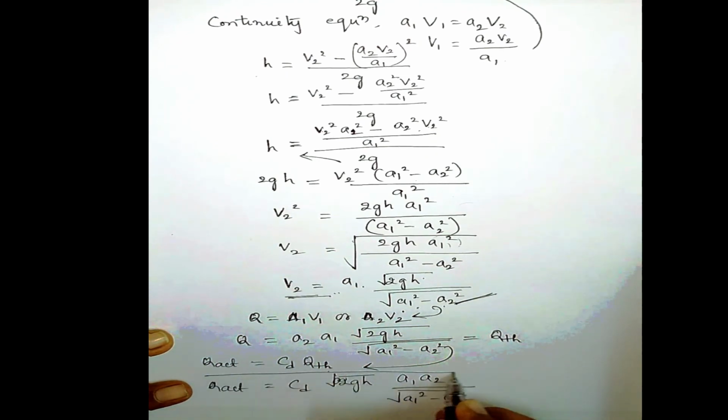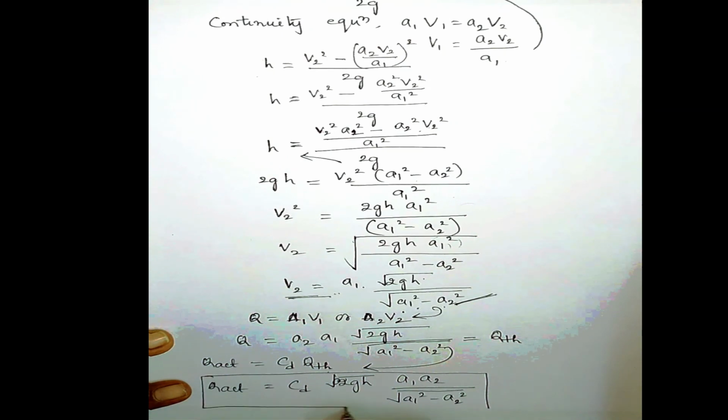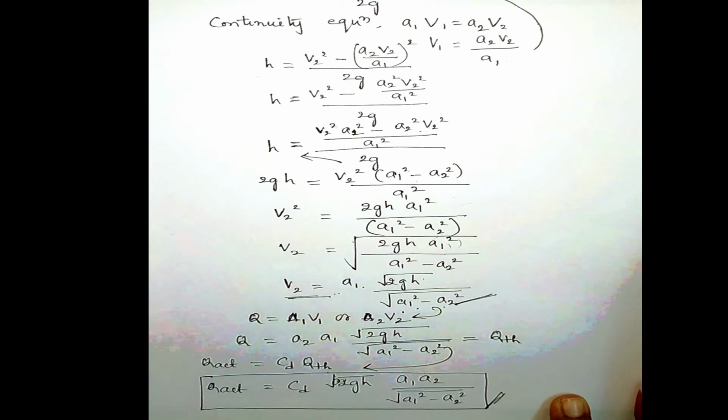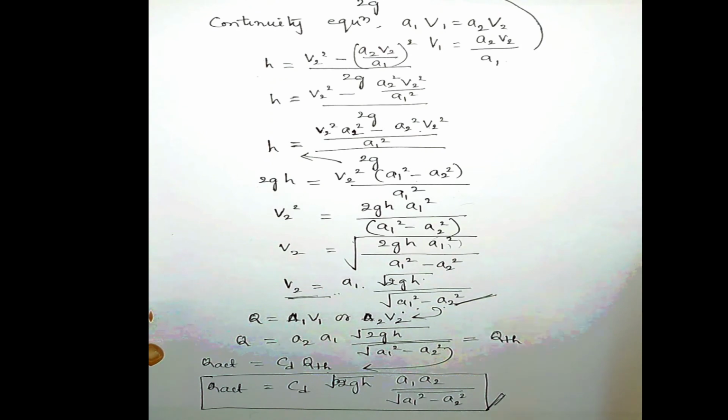So this is the equation for discharge through a venturi meter: Q actual is equal to Cd into root 2gH into A1 A2 divided by the square root of A1 square minus A2 square.